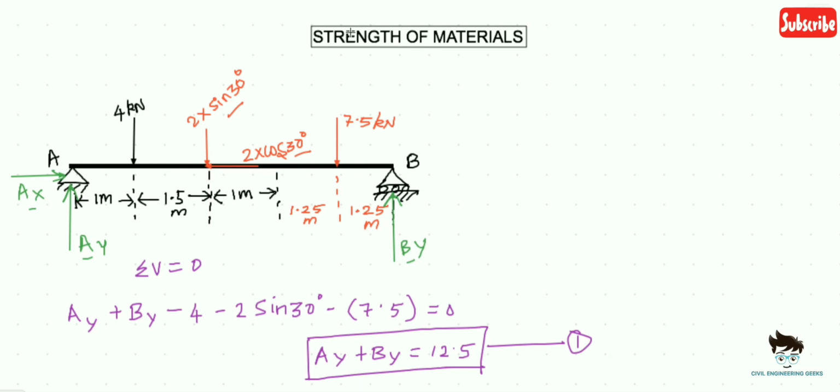After this, now we will use summation of M equal to 0 to derive another equation. Before using this equation, everyone should understand that this equation can be used only when you know the moment at a particular point. Only then you can consider summation of moments about that point equal to 0. But don't panic, it's extremely easy and most of you have already come up with an idea if you have watched my video on types of supports and types of beams.